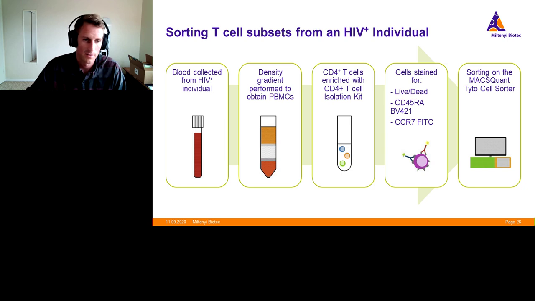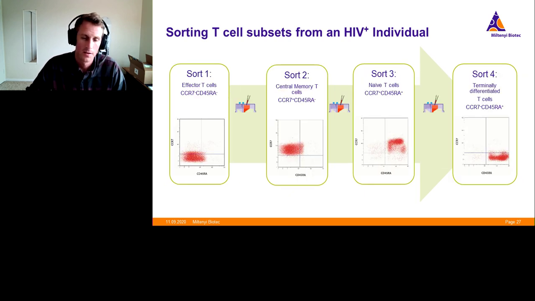So I would say this is a pretty standard workflow for individuals investigating T cells in infectious disease. I think many of you probably have similar types of workflows for taking things to the flow core. So sorting these T cells out.